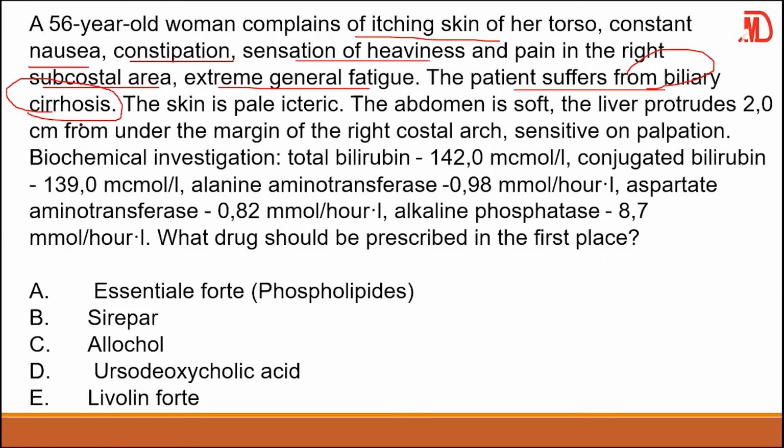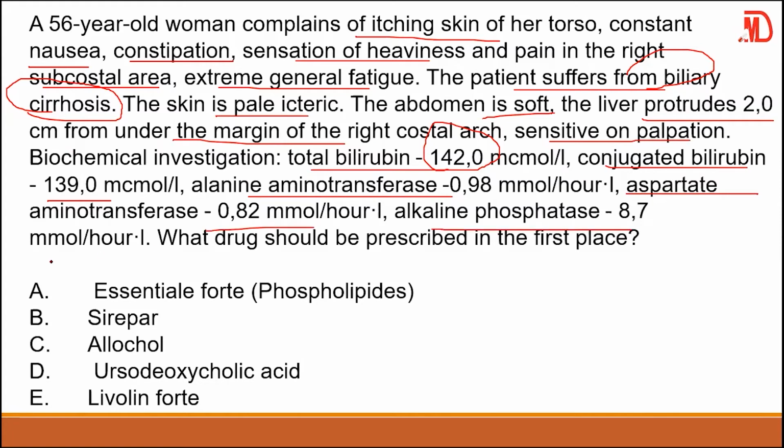The skin is pale, icteric, abdomen is soft, liver protrudes 2 centimeters from under the margin of the right costal arc, sensitive on palpation, total bilirubin 142, conjugate 139, alanine aminotransferase 0.9, aspartate 0.8, alkaline phosphatase 8. What drug should be prescribed in the first place?